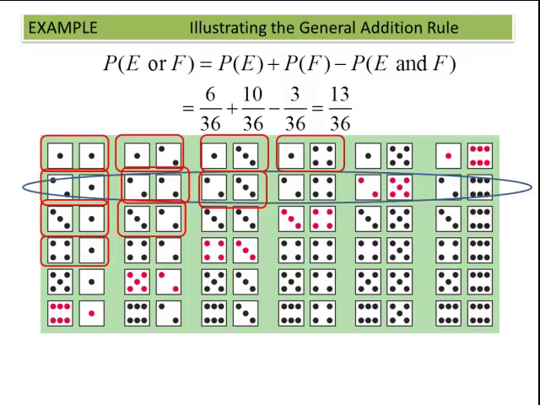Now there's another way that we could approach this problem, and that's simply by just counting each outcome in such a way where we don't count an outcome twice. Here's 1, 2, 3, 4, 5, 6, 7, 8, 9, 10, 11, 12, 13. 13 out of 36.